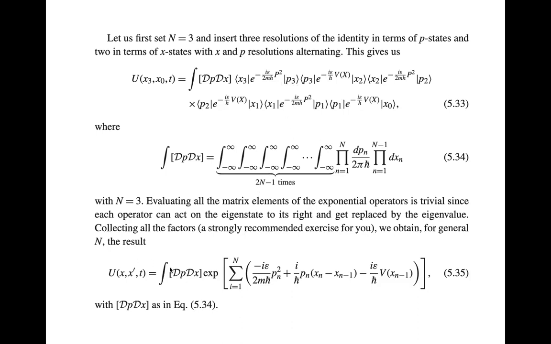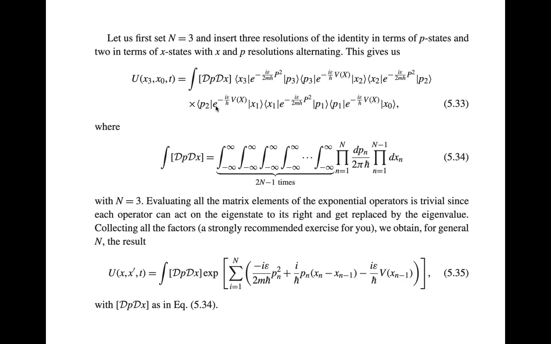Then you gather this exponential part together, and this becomes the integral dp dx of the exponential of the sum of pn squared plus the potential term. Where does this term come from? It comes from here.